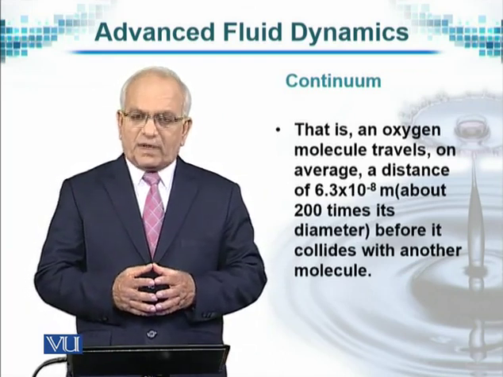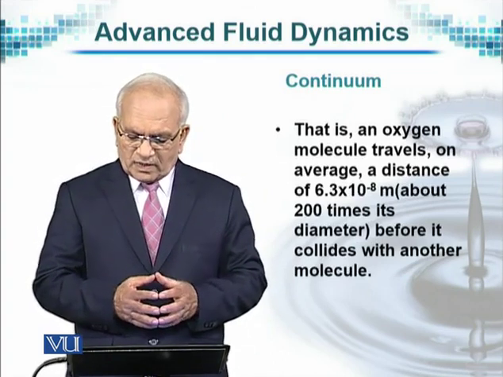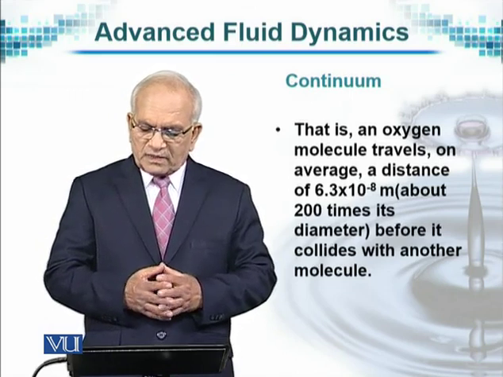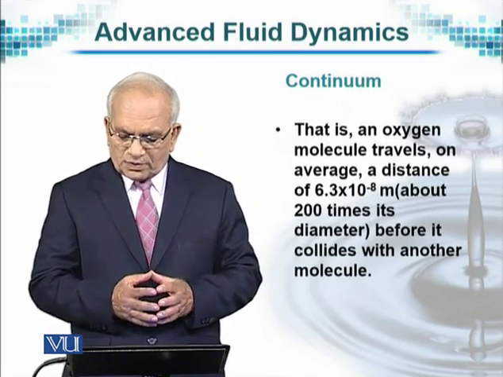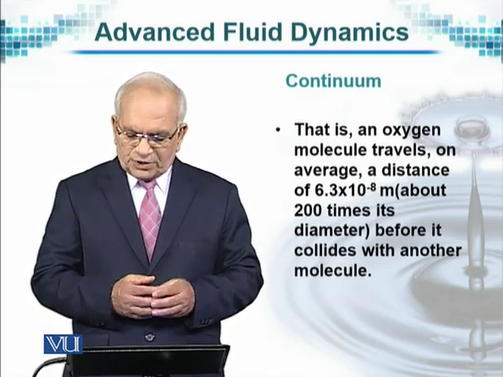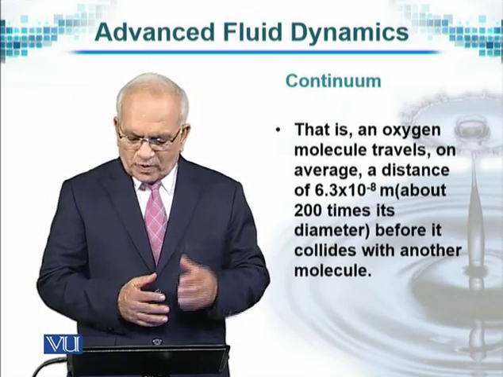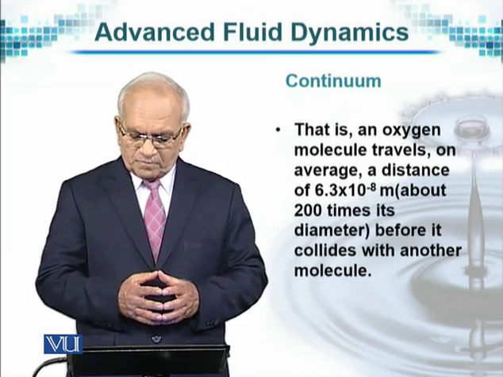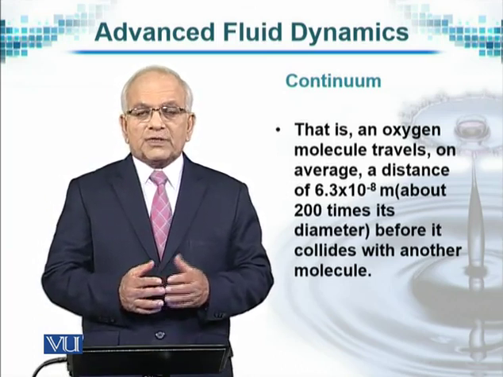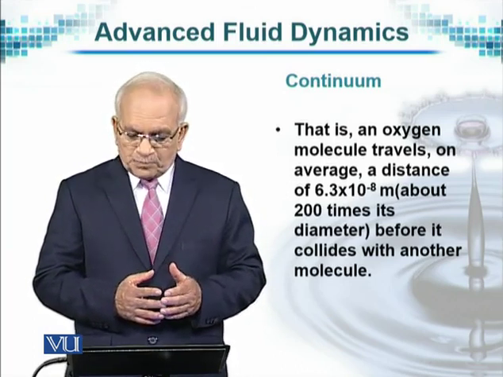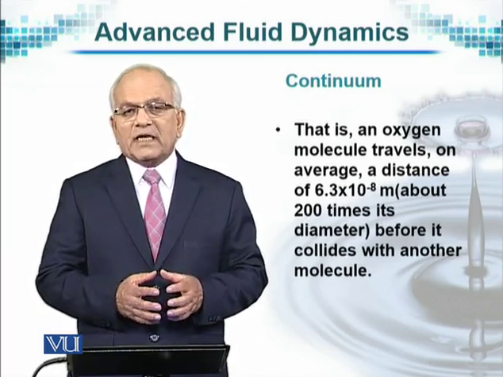If we make a little algebraic calculation, it means that oxygen molecules travel on average a distance of about 6.3 into 10 to the power minus 8 meters. Still a very small distance, but it is 200 times the diameter.